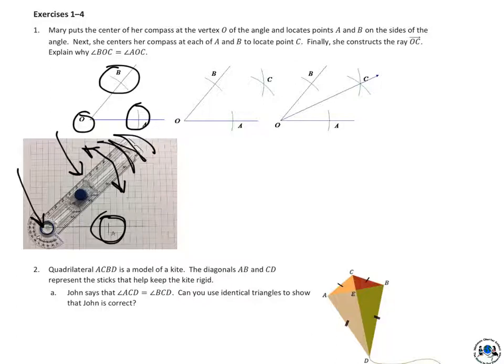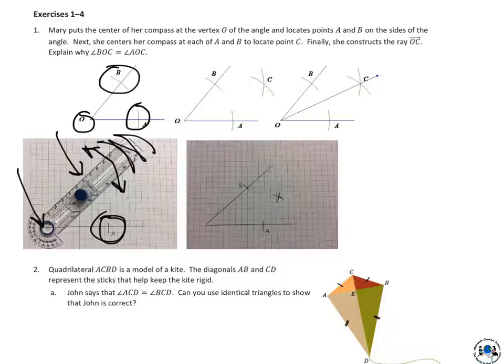Next, she centers her compass at each of A and B to locate point C. I didn't put a picture of putting the compass there, but she centered the compass in this same fashion, going this way, and then she's made her little mark there.